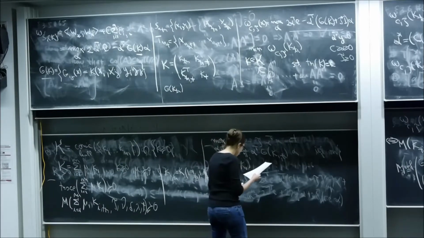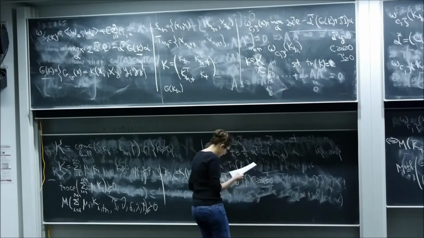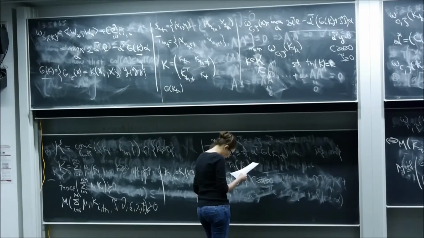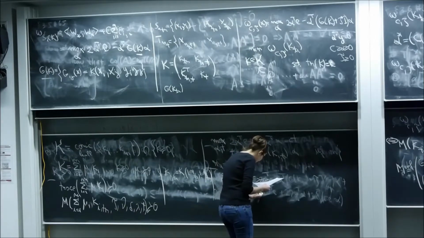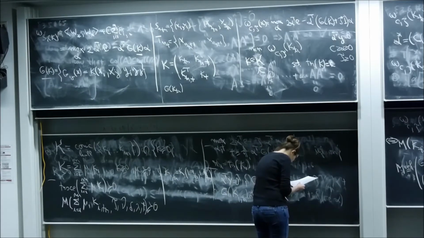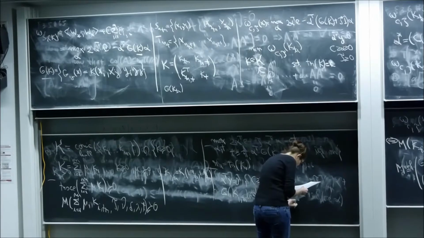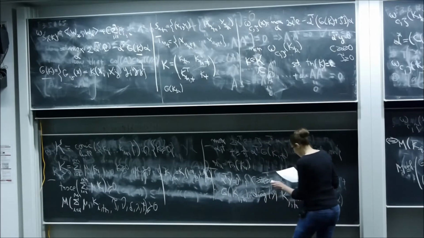Otherwise, it's just an SDP. And clearly here, G of Ki train is this diagonal of the output vector. This comes from the definition of G.